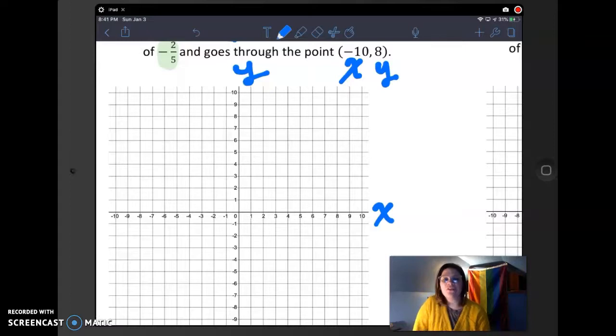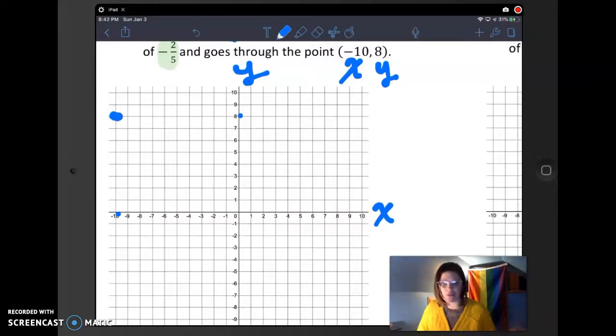So if we're trying to figure out where (-10, 8) is, we just need to find -10 on the x, which is over here, and then we need to find 8 on the y, which is here, and we need to find where those two spots meet. So we go left to -10 and up to +8. There's our first point. We're almost done.